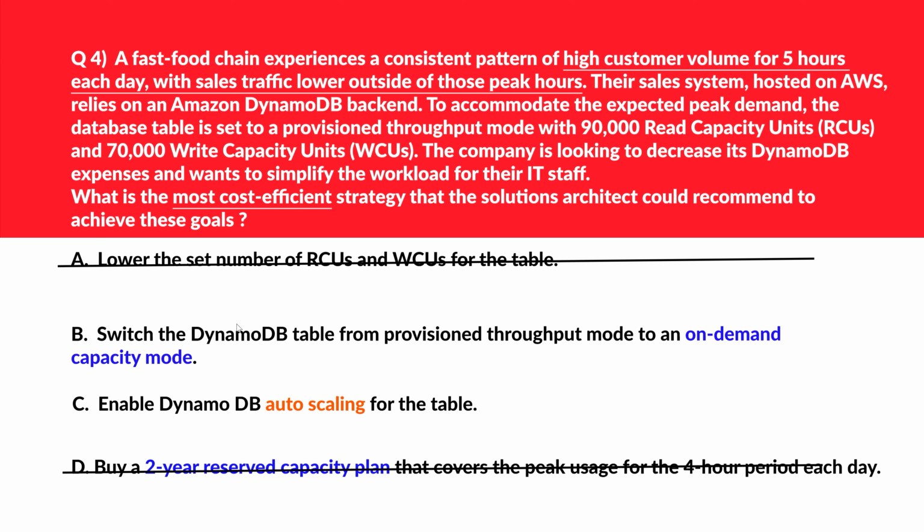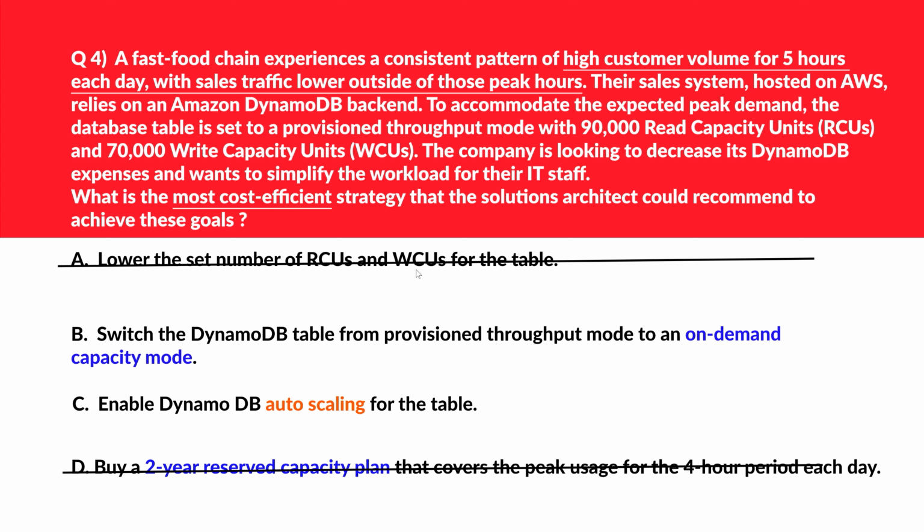Between option B and C, we have to choose the better option. If we read the question, there is no mention of a specific time of the day when the peak hour starts. It can be like 8 a.m. or 11 a.m. or maybe 7 p.m., etc. We just have the information that the peak hour lasts for just 5 hours in a day.